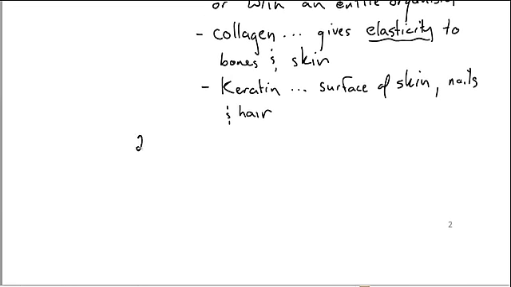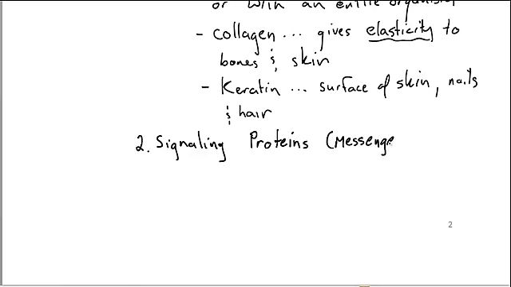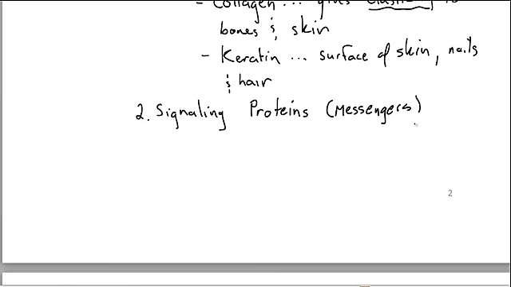Second, we have signaling proteins. They're also called messengers. These are used for communication within cells and throughout the body.